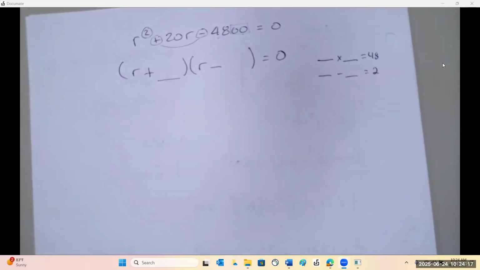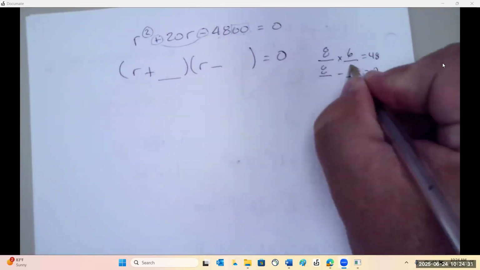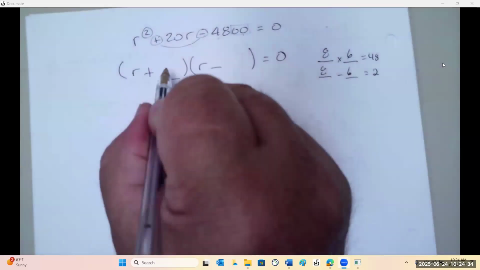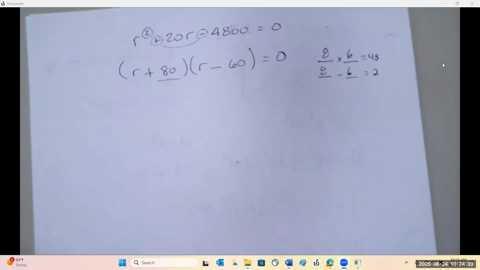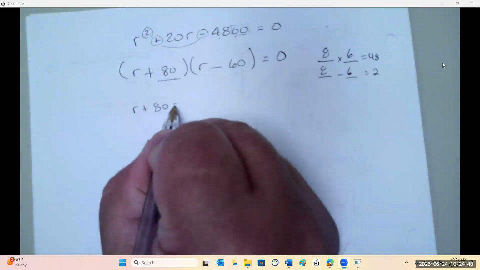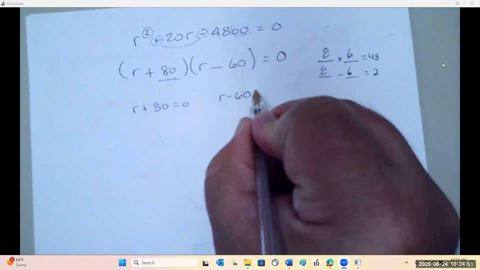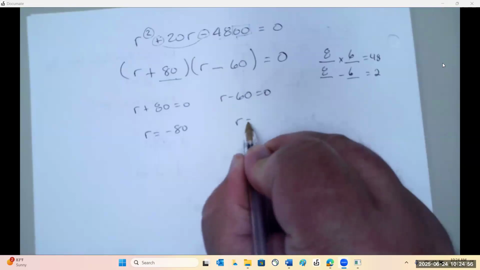These are little multiplication cheat sheets for y'all to help you do your multiplications. So what times what is 48? 8 times 6, and 8 minus 6 is 2. So it's 80 and 60. Set these equal to 0. R equals negative 80 and R equals 60.